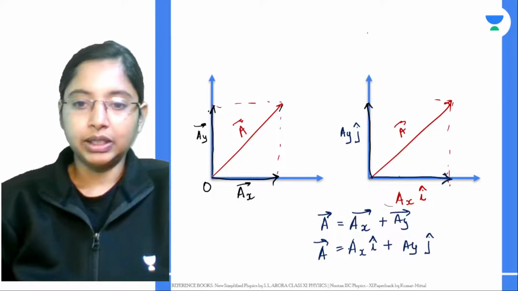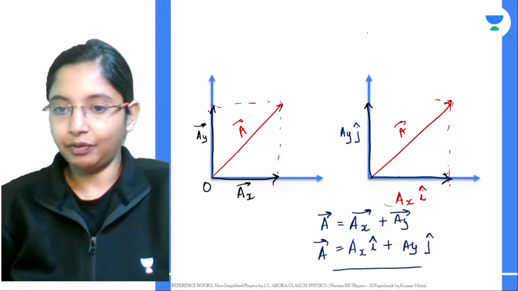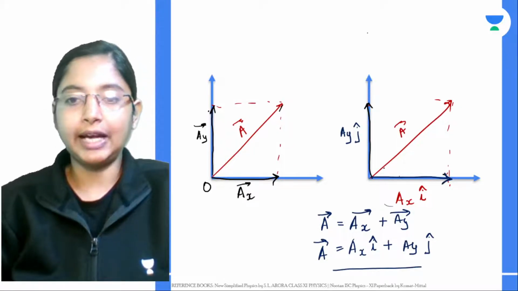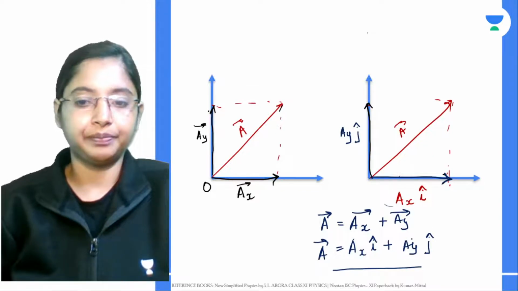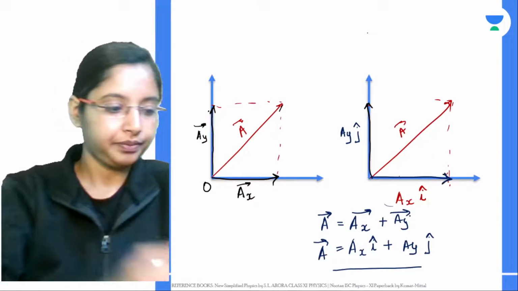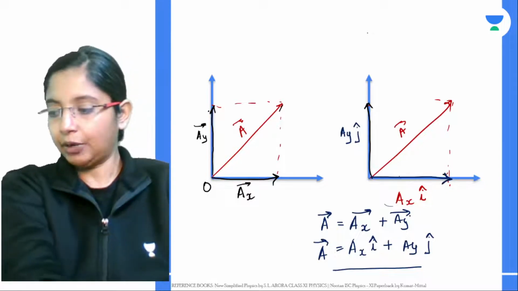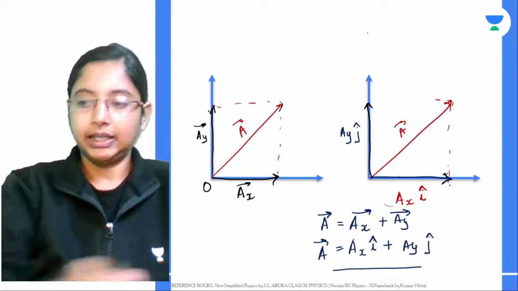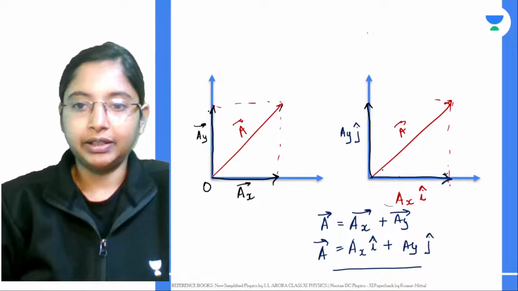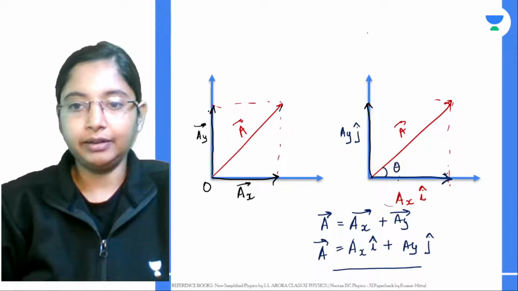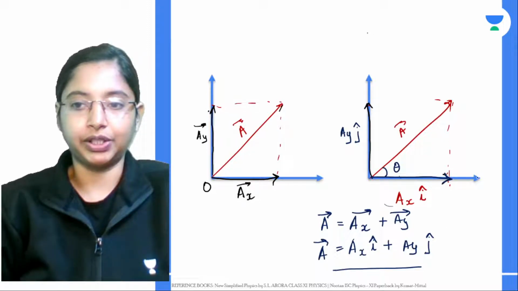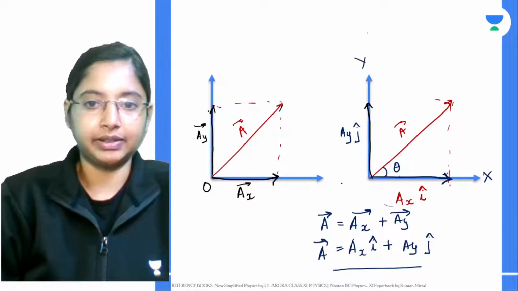Now this equation that we have over here gives you the rectangular components of this vector A. Now, if we say this A vector makes an angle theta with the x-axis, this is our x and y axis, right?